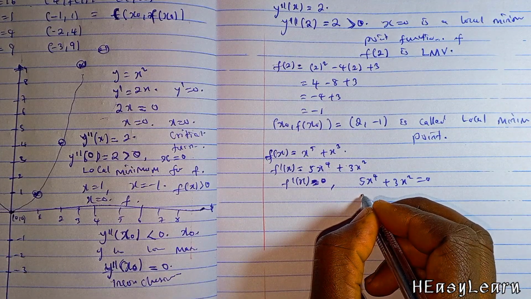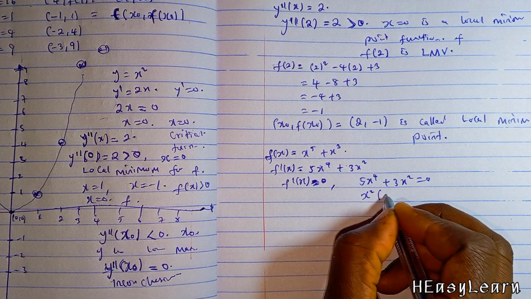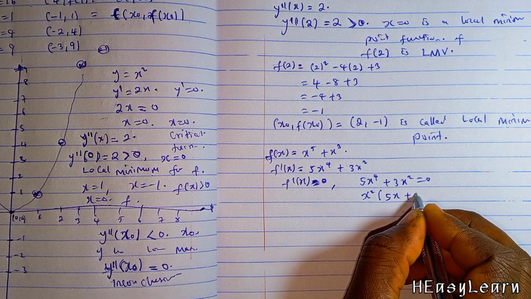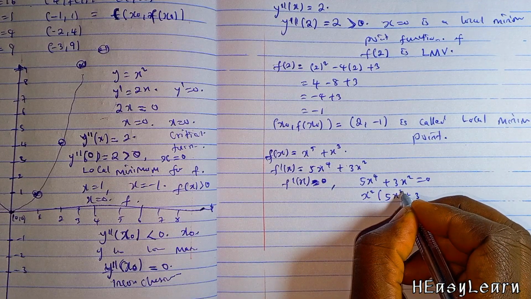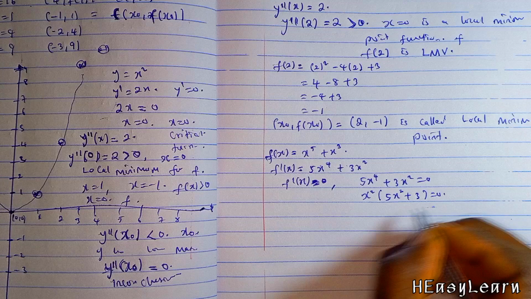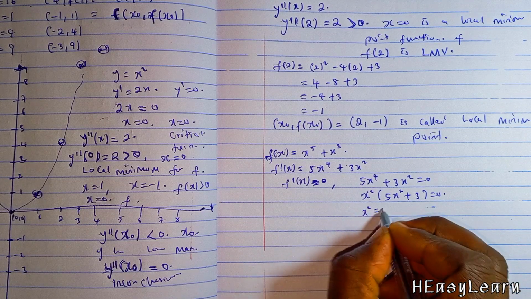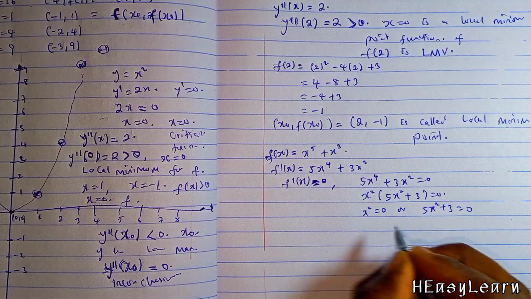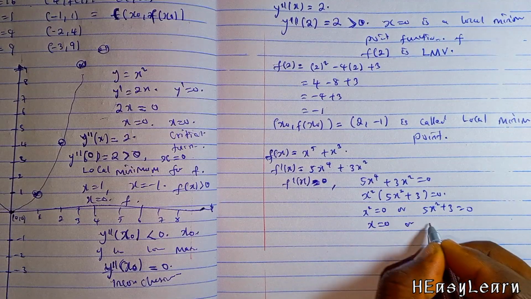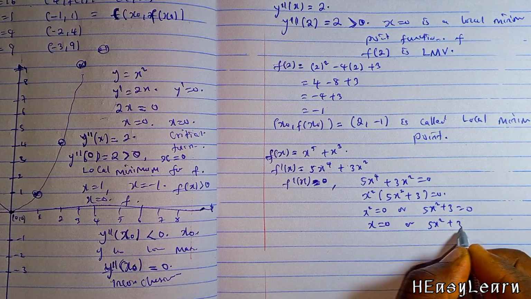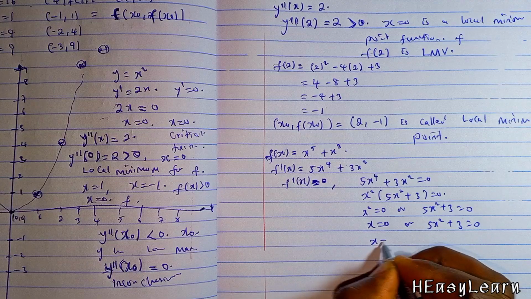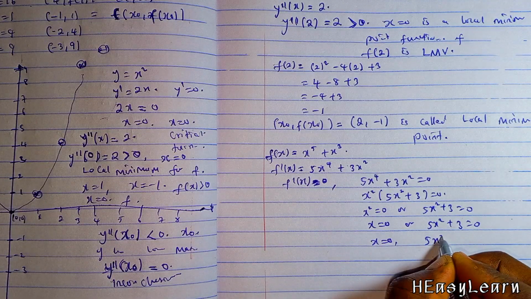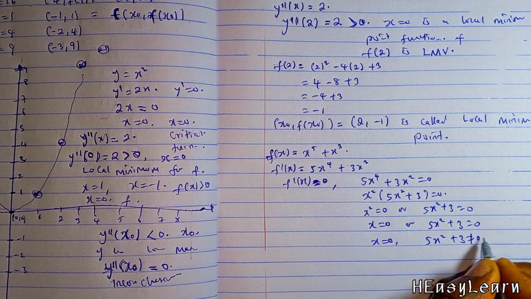What is common here? X to the power of 2 is common. X squared times 5x squared plus 3 equals 0. From here, either x squared equals 0 or 5x squared plus 3 equals 0. X equals 0, because 5x squared plus 3 can never be 0.